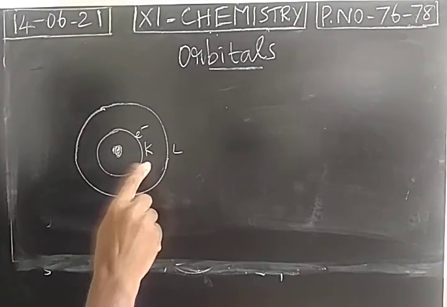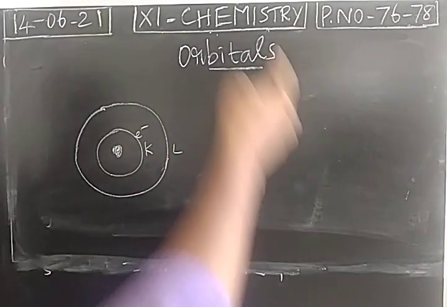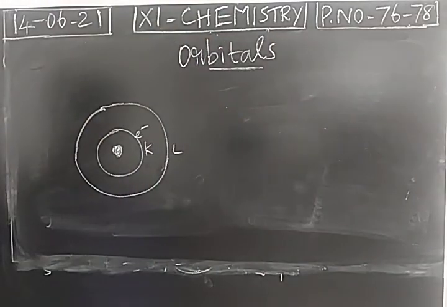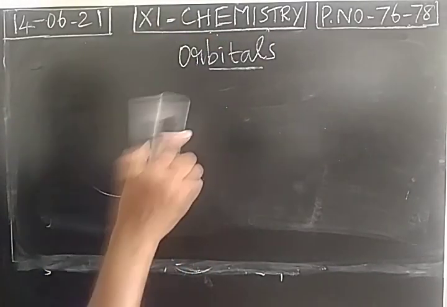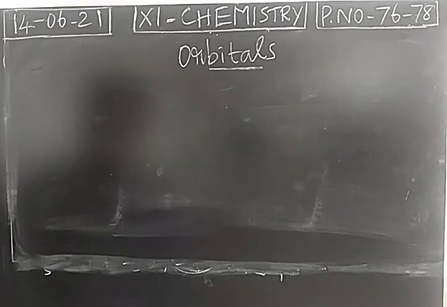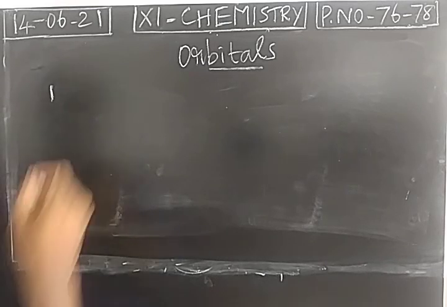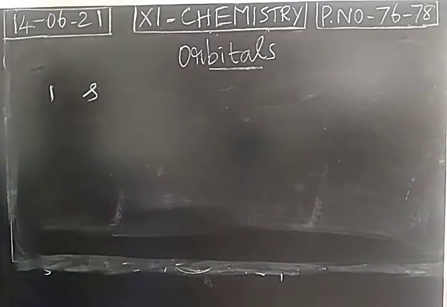In each shell or in each orbit, we have the orbitals. Take the first shell, which is nothing but the K shell. The first shell has only one type of orbital, the s orbital. In the atomic structure lesson, we will study in detail the shape of the s orbital and so on.